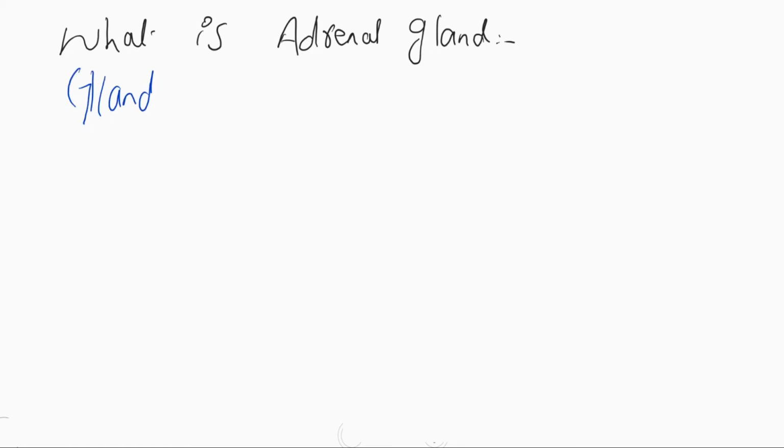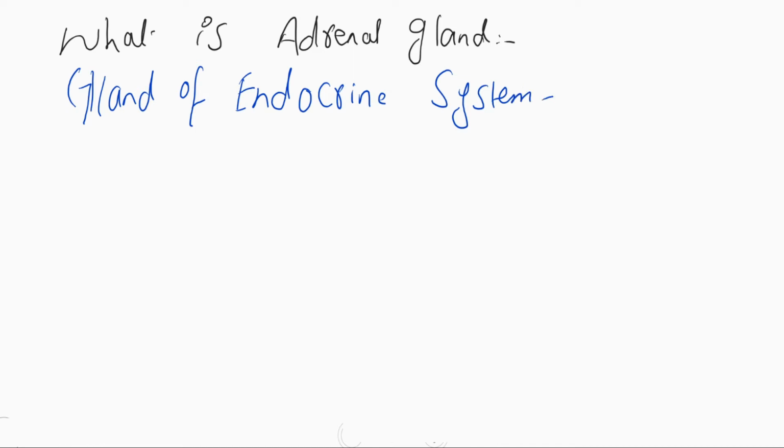What is the adrenal gland? The adrenal gland is a gland of the endocrine system, also known as the suprarenal gland.